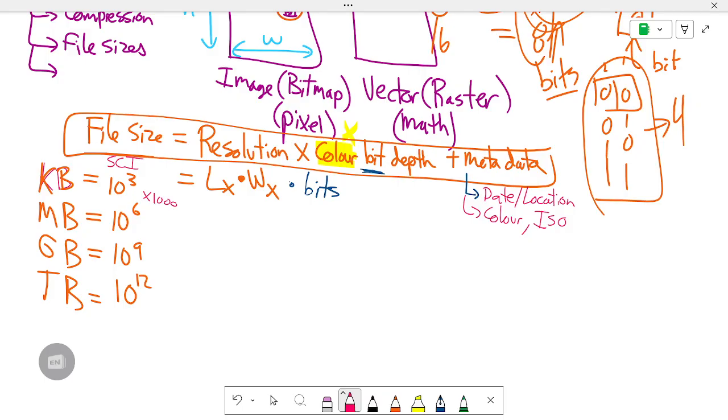Now, in the computer class, we don't use this notation. We use the computer base, base 2. So we call this KiB, MiB, GiB, and TiB. This notation is what they use on the test, they use base 2.